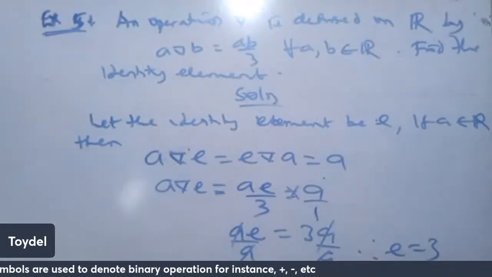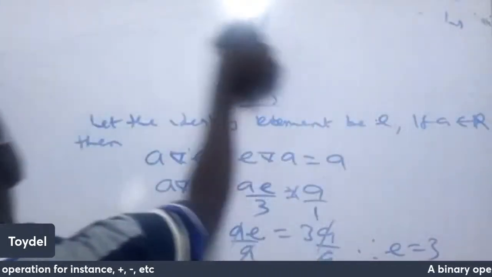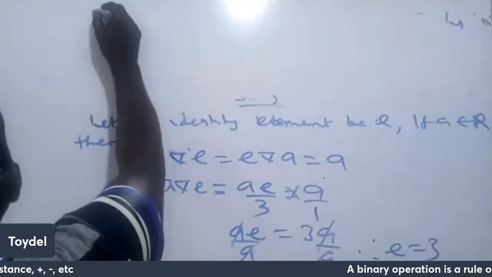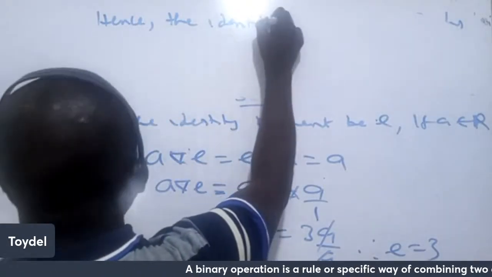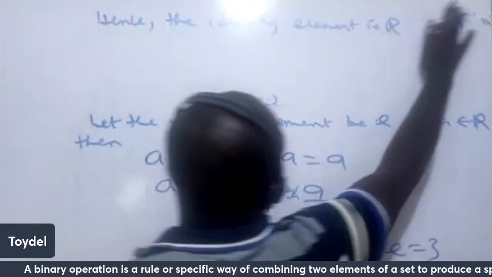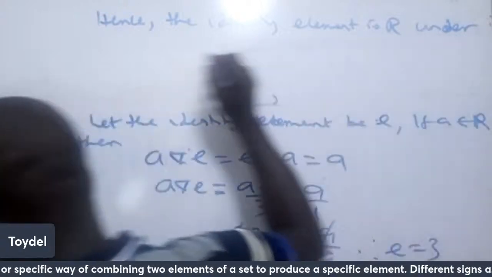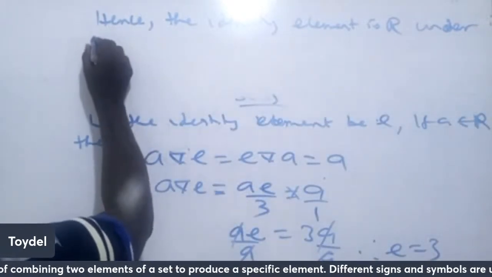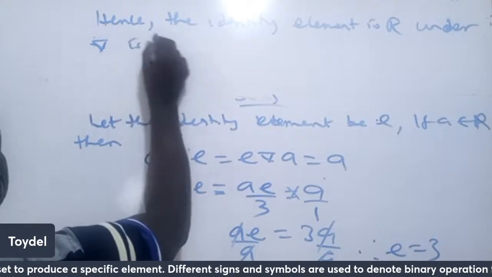So in this case now, we write, hence the identity element in R under the operation inverted triangle is 3.